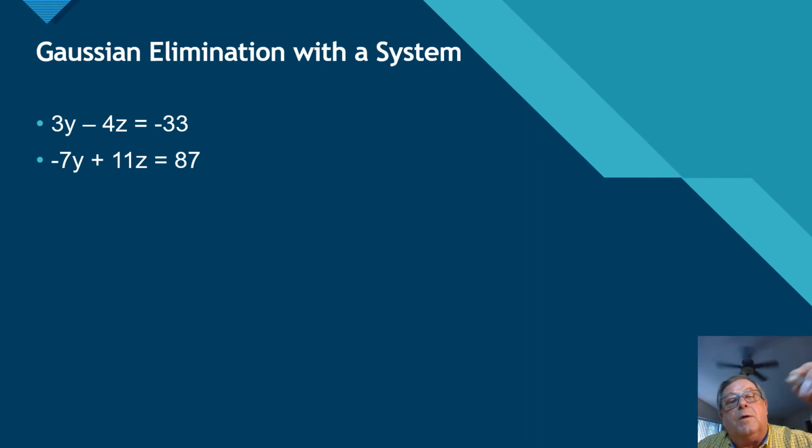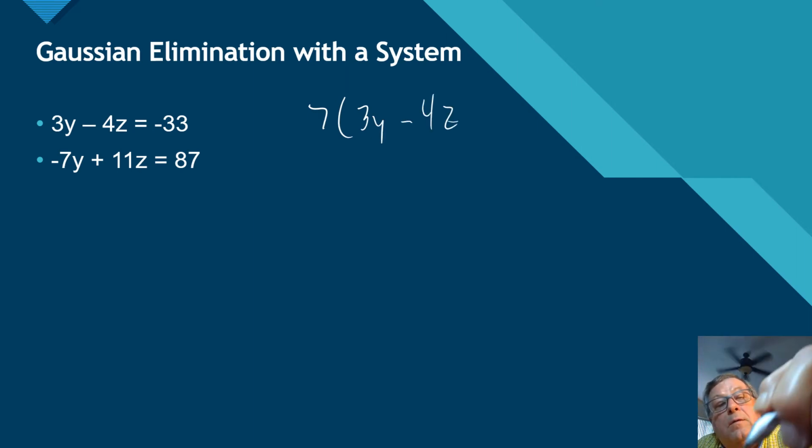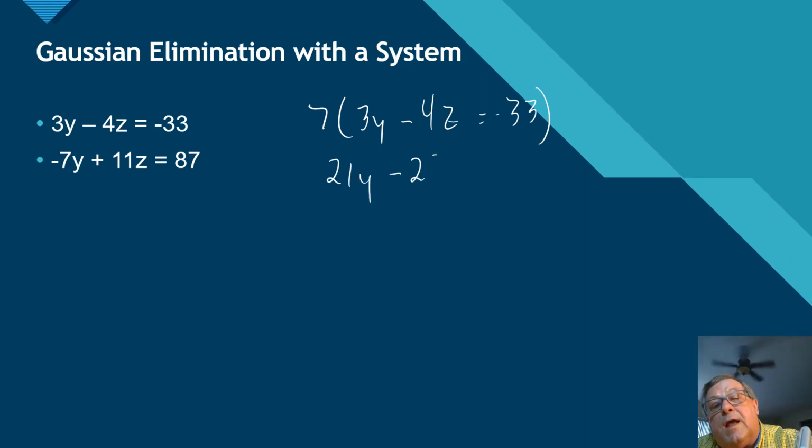So let's get about doing that. 7 times 3y minus 4z equals negative 33. 7 times 3y is going to be 21y, and 7 times negative 4z is going to be negative 28z, and 7 times negative 33 is equal to negative 231.